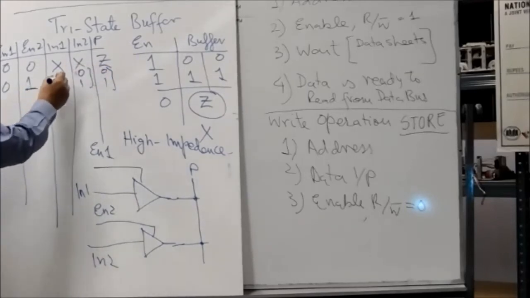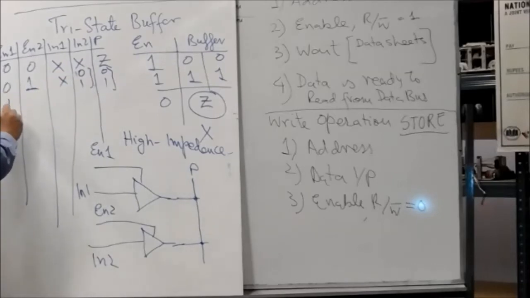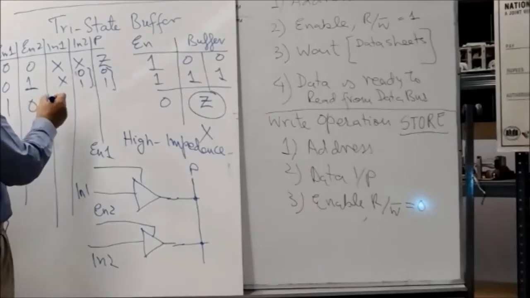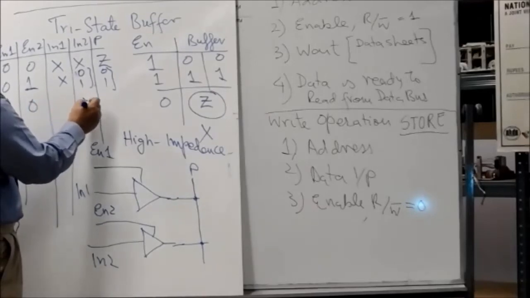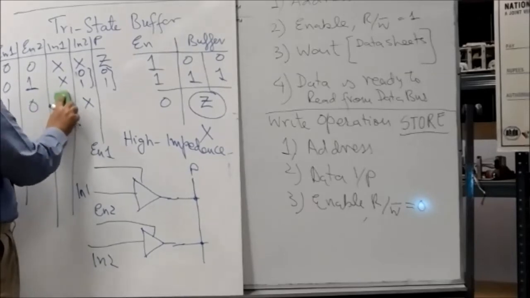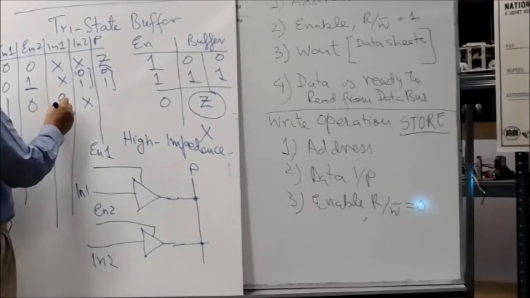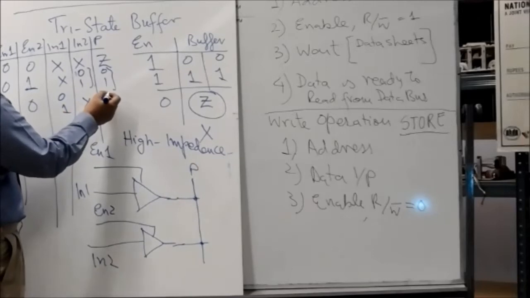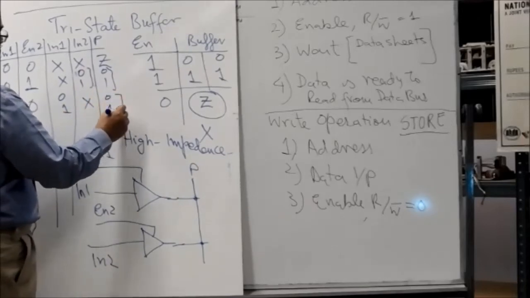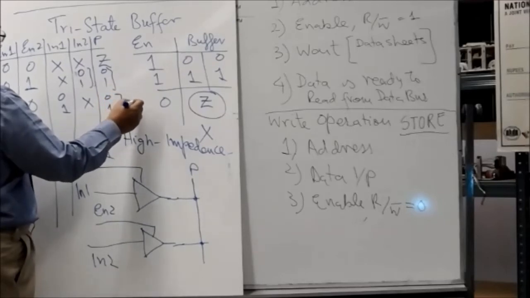Depends on in 2, you don't care about in 1. When this is 1 and this is 0, in 1 appears at the output and in 2 is don't care.